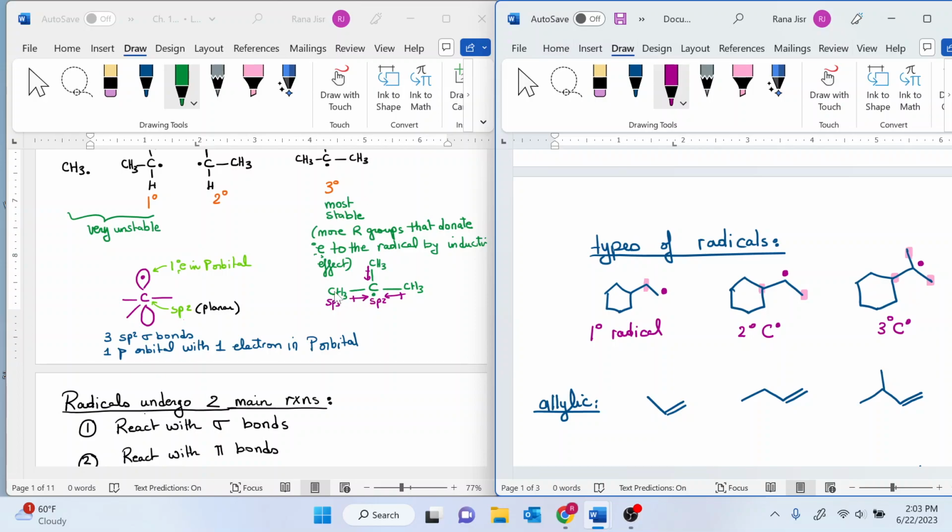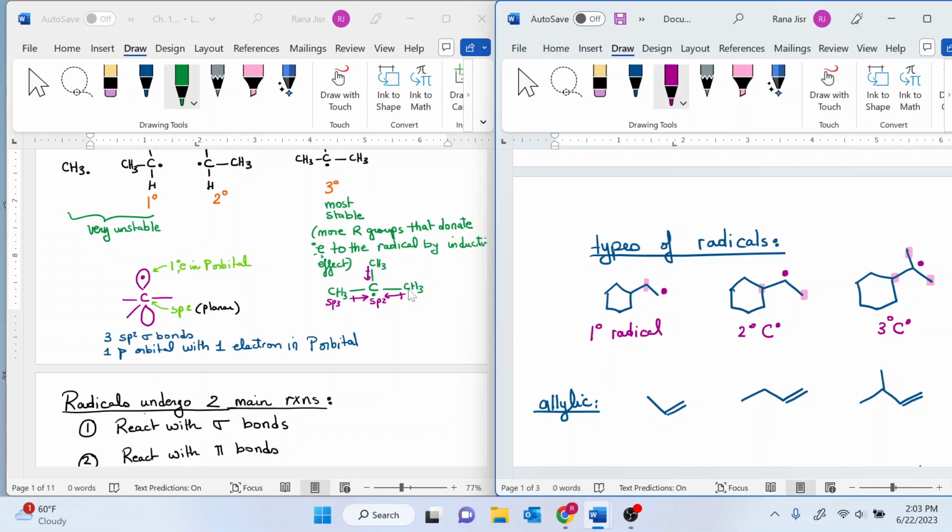This means that the sp2 carbon is going to pull electrons away from the sp3 carbons. The more carbons you have, the more distribution of the charge you're going to get throughout the structure. So this radical will no longer be electron deficient, or the electron deficient site will not just be focused on this radical. No, it's going to be distributed across the whole structure.